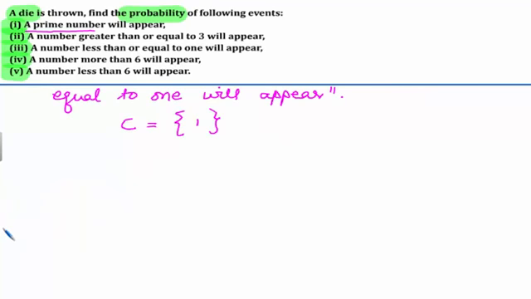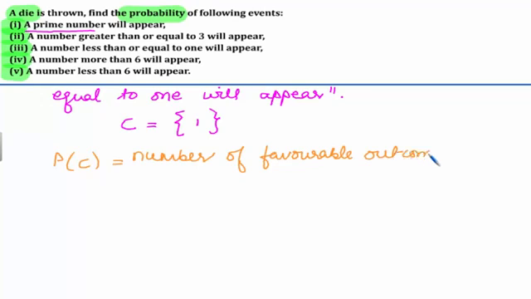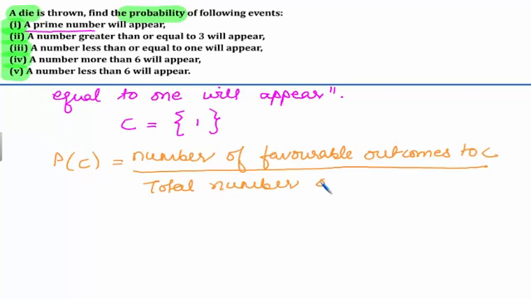Therefore, probability of C is the number of favorable outcomes to the event C divided by the total number of outcomes, and here the number of favorable outcomes is 1 and the total number of outcomes are 6. Hence, the required probability for the third part is 1 upon 6.